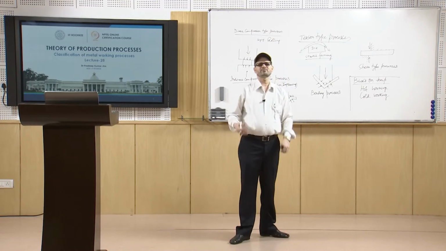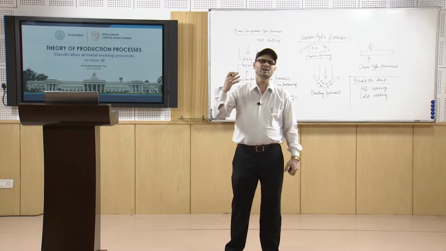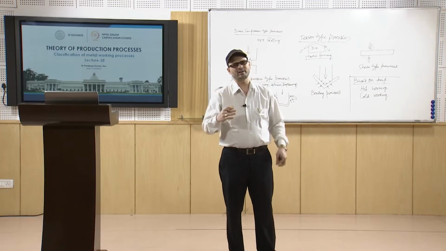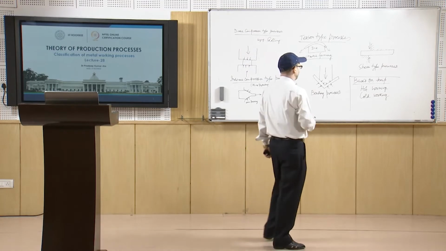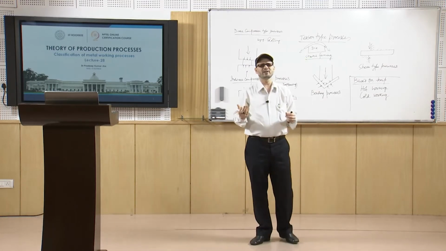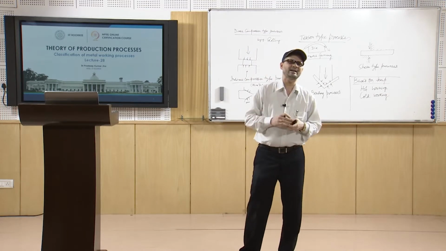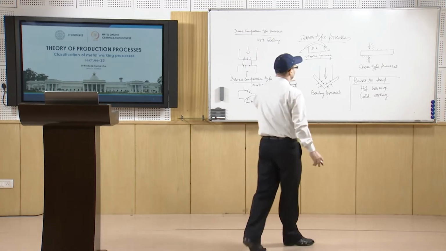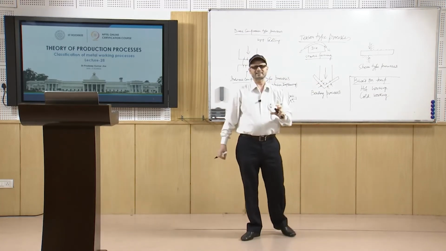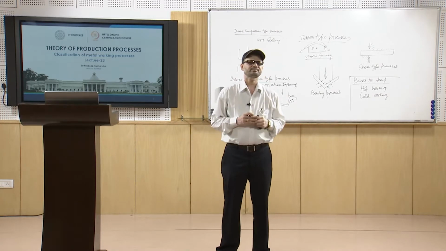For certain materials, a very high temperature may be the hot working condition. For materials like tungsten, which has a very high melting point, the hot working temperature range will be very large, whereas for certain materials even room temperature or somewhat higher temperature may be the condition for hot working. So, it depends upon the melting temperature of the material.